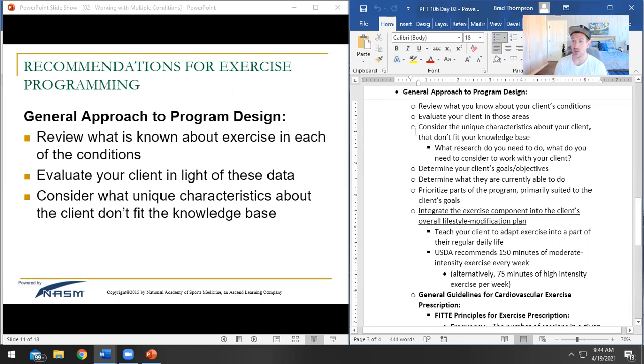If your client was doing very poorly in cardiovascular exercise, you're going to evaluate that so that you don't give them something that's too hard. Consider what unique characteristics about your client don't fit your knowledge base. So always consider what research you need to do. What do you need to consider when it comes to working with your client?